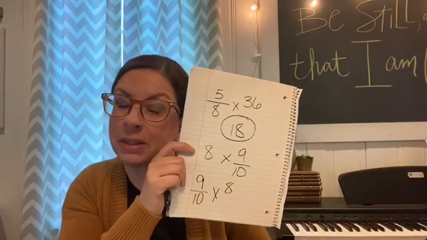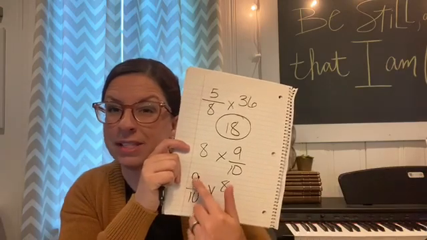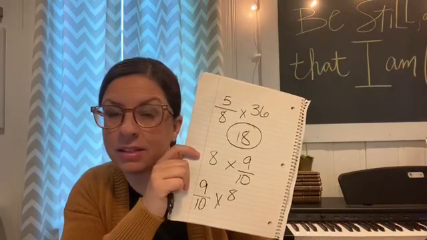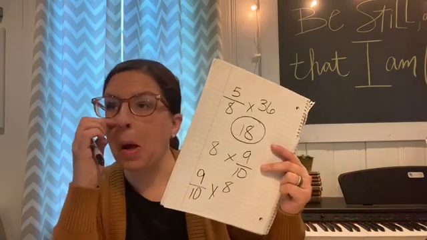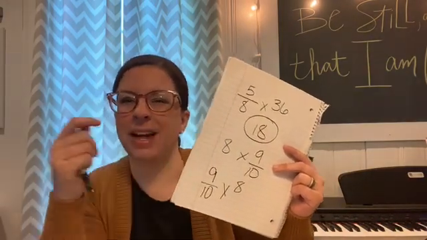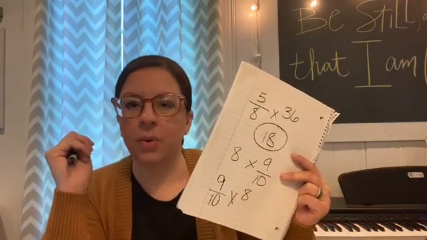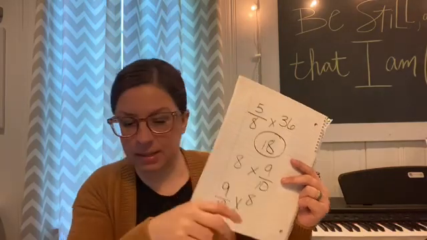Okay, you could say, well, 9/10 is almost 1 whole, so you could say 9/10 of 8 is about 8. Or you could say it's almost 1 whole, so 9/10 of 8 is about 7, or 7.5. Okay, so this is just estimating.